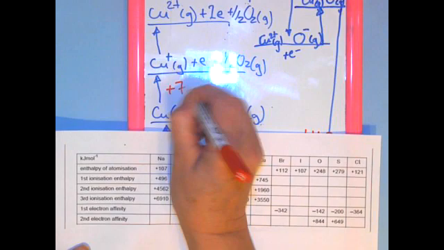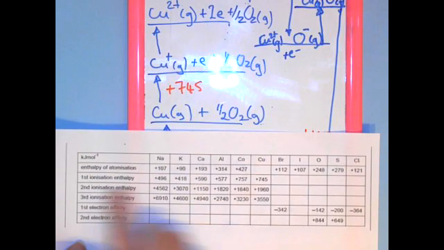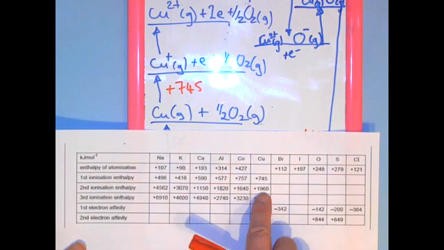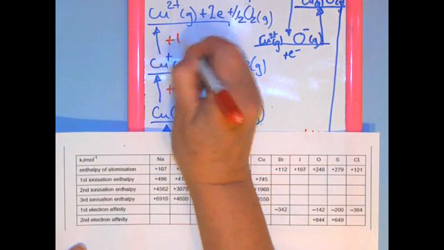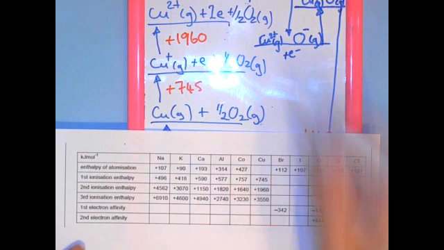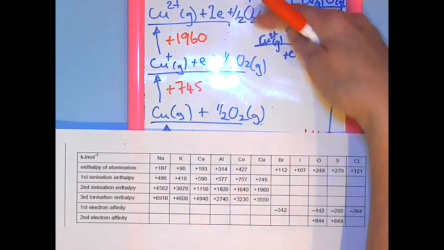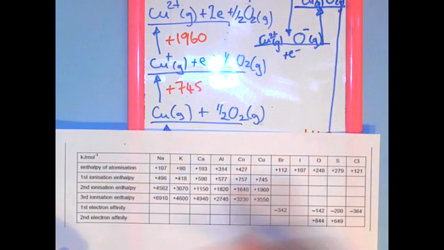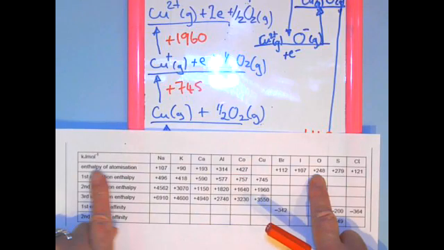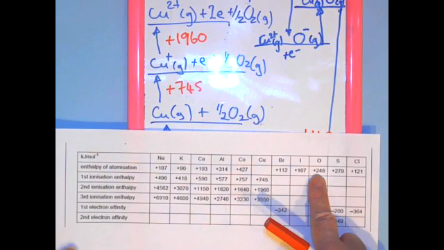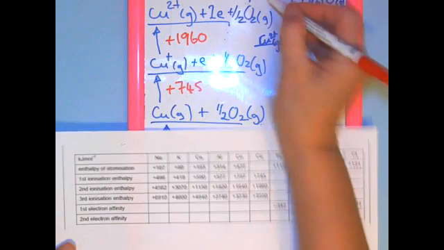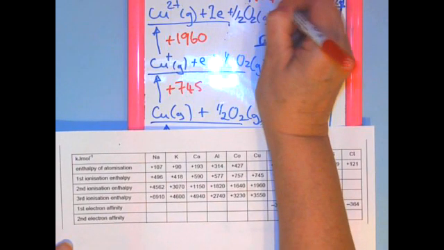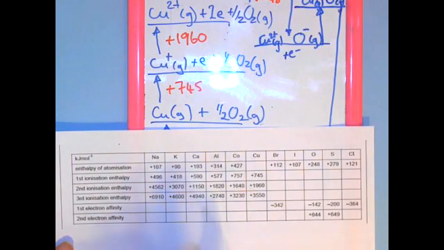Second ionization enthalpy plus 1960. Now what else did we do? We atomized the oxygen. So there's oxygen, and there's the enthalpy of atomization. So plus 248. It was only for 1 mole, so that's okay.